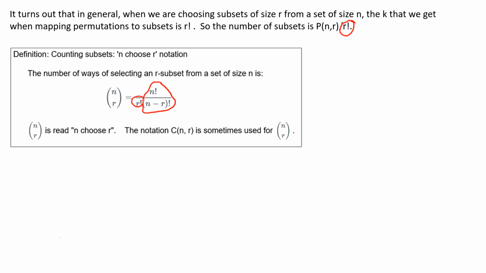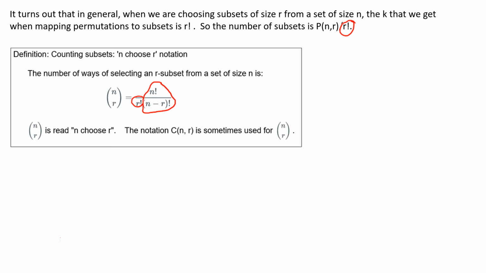Again, this says that the n over the r in these big parentheses is read n choose r. But sometimes we'll use this notation because, remember, we're using the capital P for the number of permutations with the n and the r in there. So sometimes you'll see it this way with the capital C, n and r. So capital C with the n comma r means we're taking subsets. We want the number of subsets of n things taken r at a time.